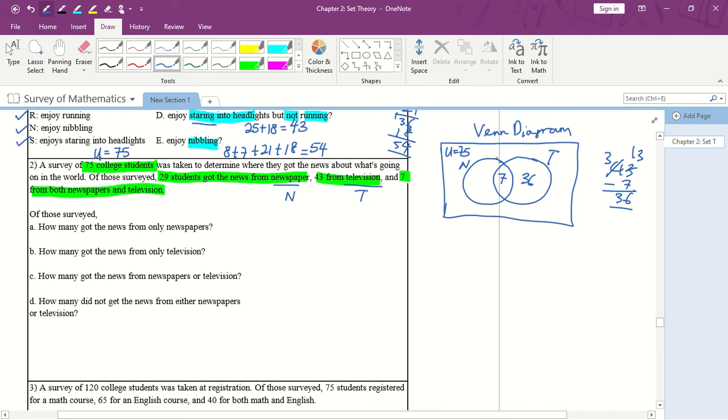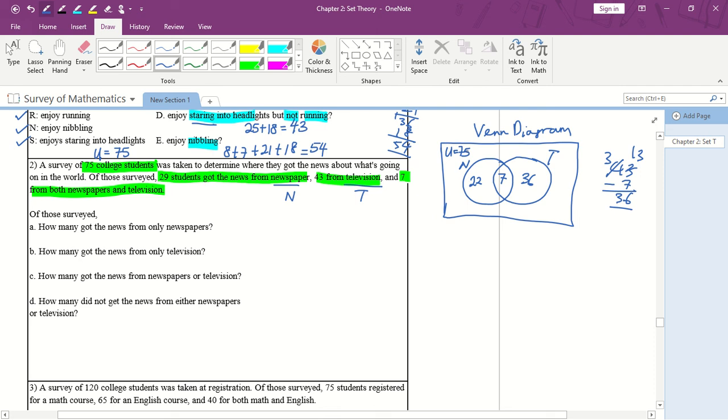So it means that this area is 29, including the 7. So here will be 29 minus 7, which is 22. And again, if the question wants only this region, not the whole thing, it will say 22 students got the news from newspaper only. Okay, with the word only. That's a very important word.